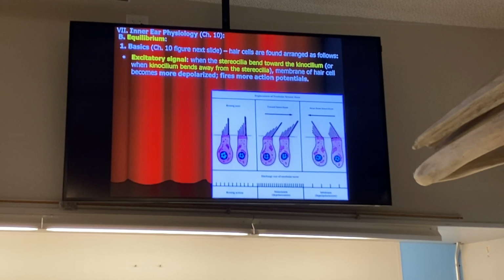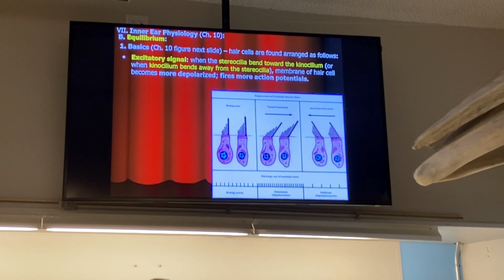Here's some more of this. Depolarization, hyperpolarization. In fact, you should write this down here underneath this left column. Write action potential tone. When the cilia are straight up, you still have action potentials, but it's firing at a resting action potential tone or frequency.